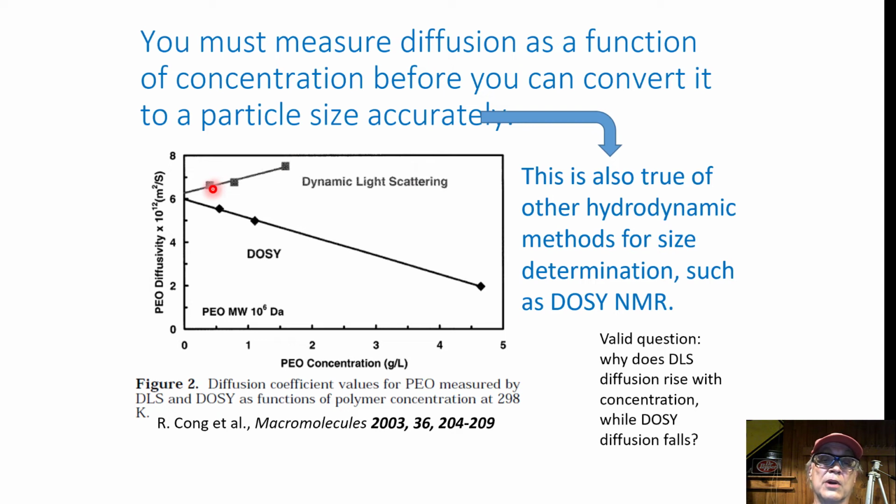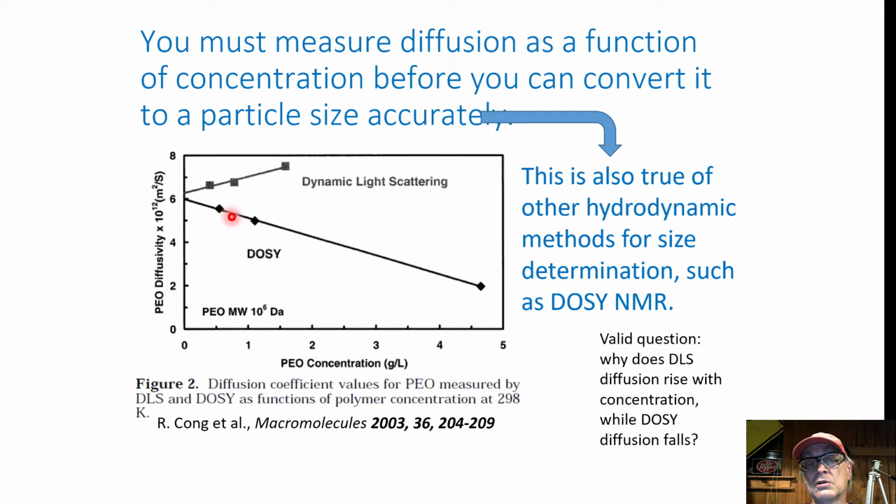That's kind of the bare minimum. Make the bare minimum of concentrations and extrapolate to get a 0 concentration diffusion coefficient before you go ahead and make that into a radius with your Stokes-Einstein relationship.